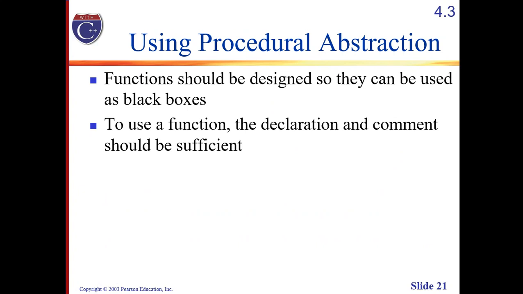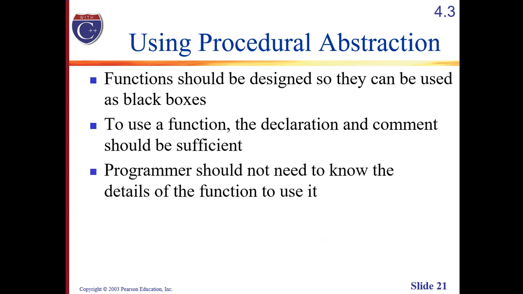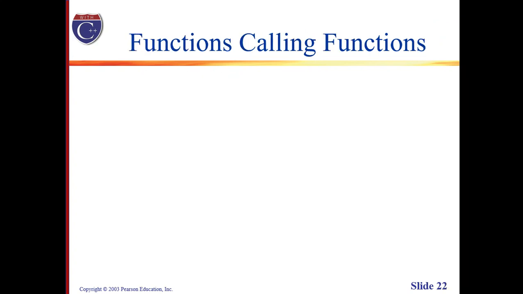Following the concept of a black box, we simply know what the program does, but it's not important how the program does it. The programmer doesn't need to know the details of the function as long as he knows how to use it. In this case, we can take as example functions calling functions.